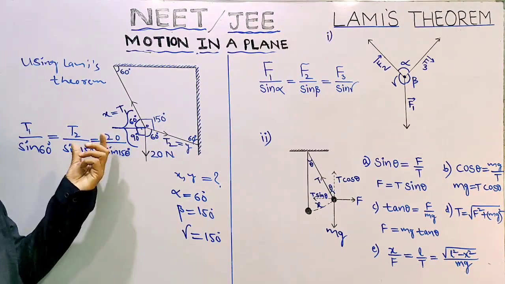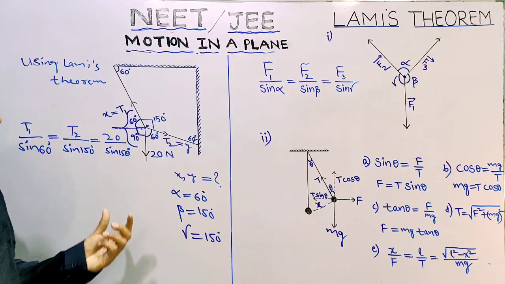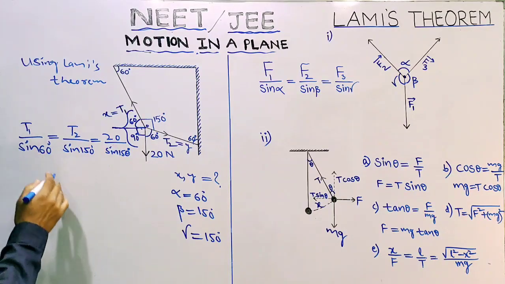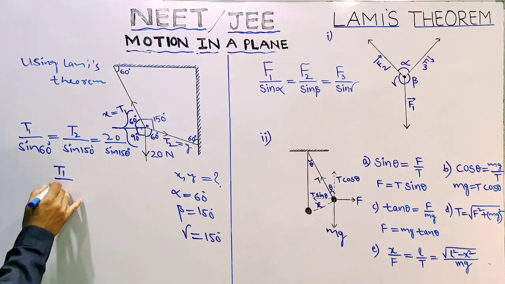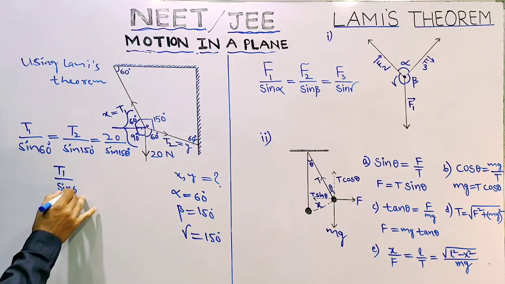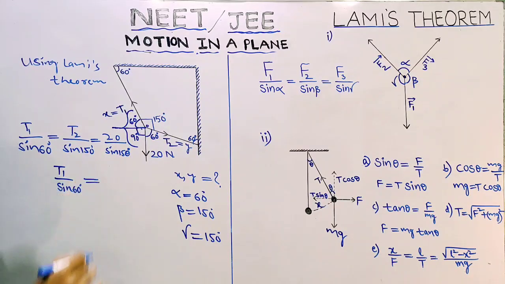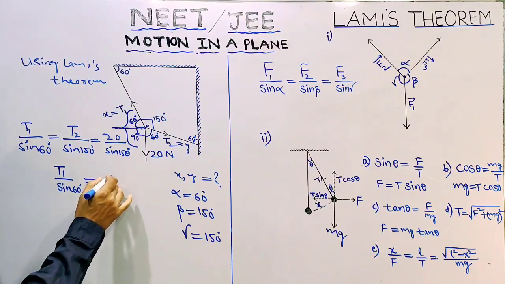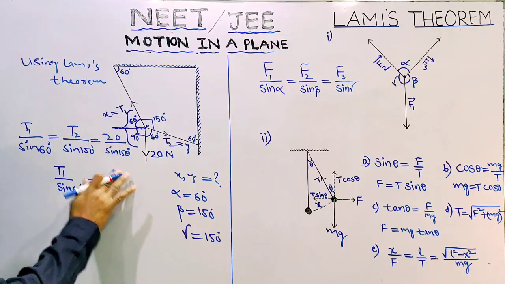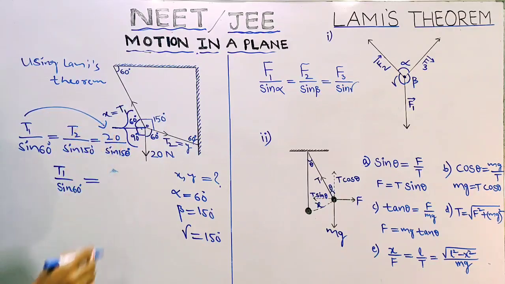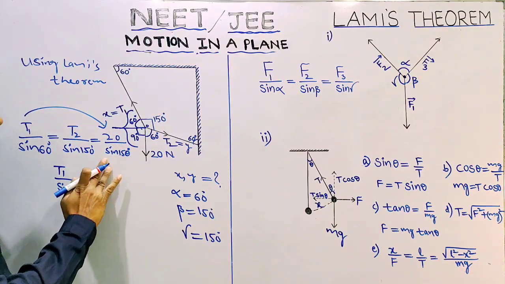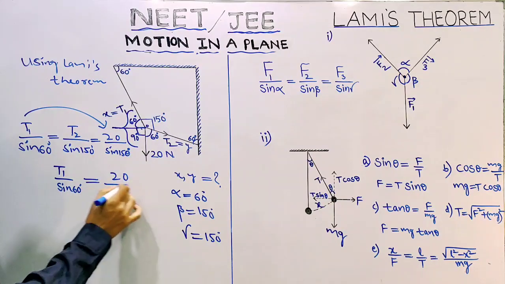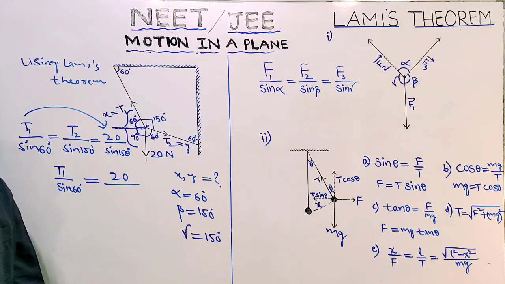Here the weight number is there, so I am equating first and third: T1 by sine 60 is equal to 20 by sine 150.